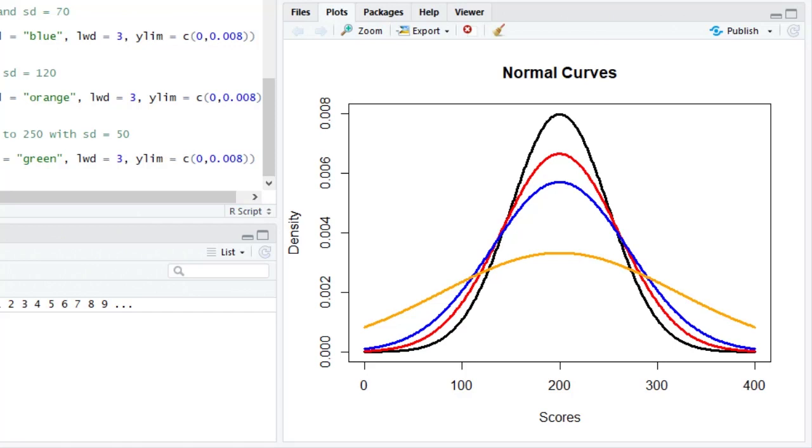In fact, this model doesn't even fit completely on this plot. Think about what 3 standard deviations would look like above the mean of 200 when the standard deviation is 120. That would take us all the way up to a score of 560, which is out beyond this plot, which only goes up to 400.